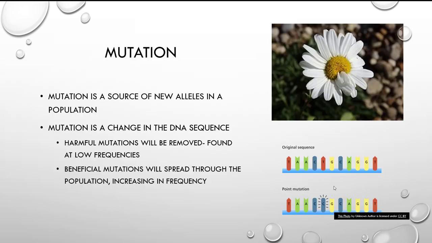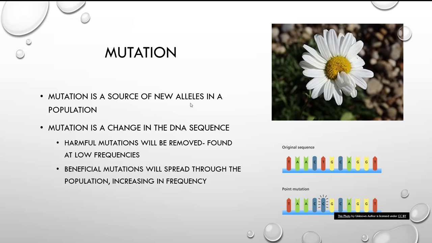Okay. All right, so our second mechanism of evolution is mutation. So recall that mutation is the ultimate source of new alleles in a population. This is how we get the change in the DNA sequence. So if a mutation occurs in the DNA sequence, that can cause a new variation in an allele.